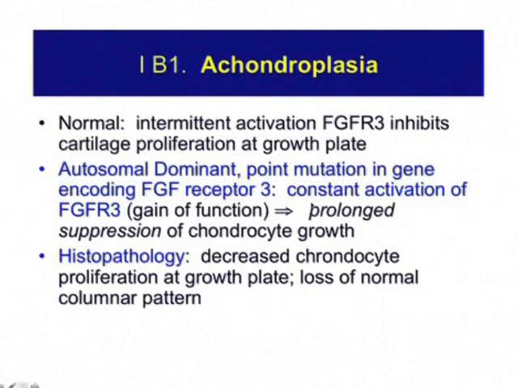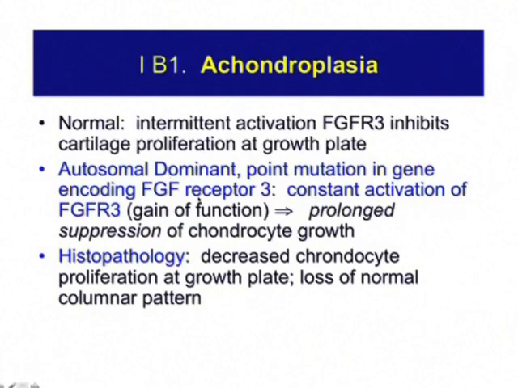So in most diseases, I really think if you know the underlying pathophysiology, you can pretty much predict what's going to happen. You can predict the clinical. So in this case, the problem is in fibroblast growth factor receptor 3, and you've got activation of this receptor.